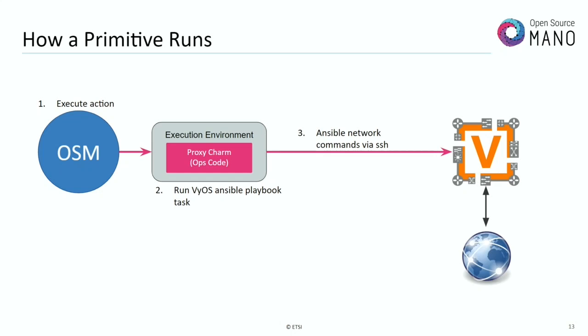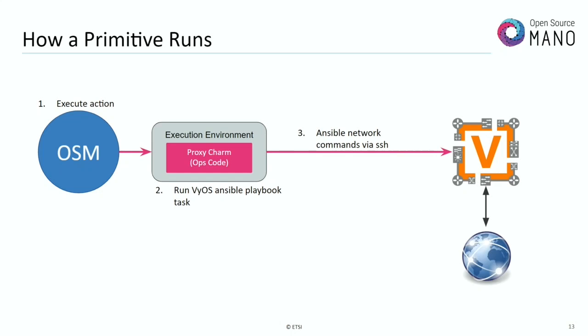So how does a primitive run? We've seen this before, but essentially we're going to set up the network service so that OSM has an execution area for things to go, and then we're going to tell OSM to execute an action, and it's going to turn around and talk to that container where our code is running and start executing the commands that we told it to.